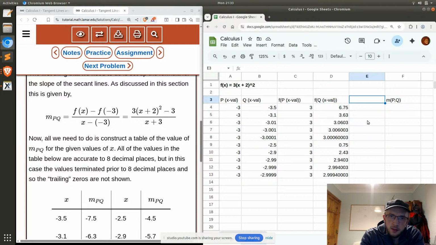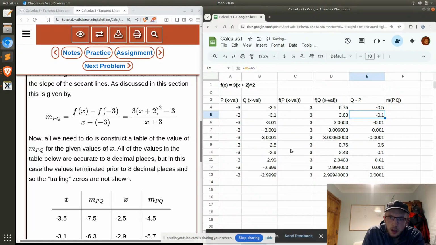How does one phrase this? We're just going to say Q take P. There.